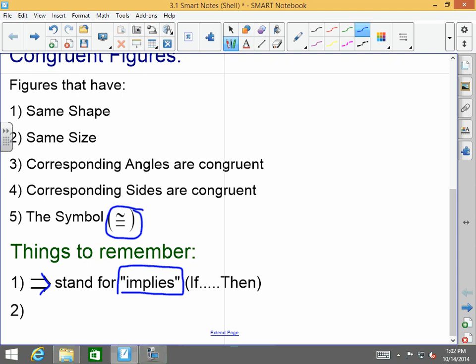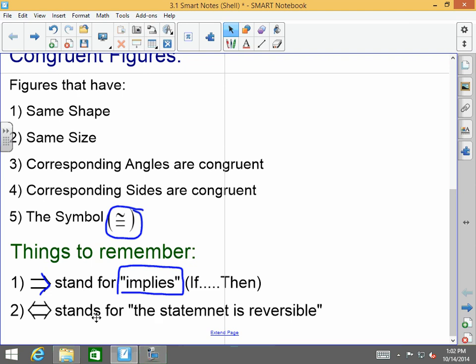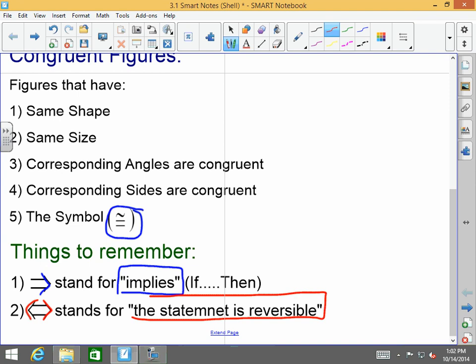Angles that are right angles are both congruent. So if I tell you that two angles are right angles, that implies that they are congruent. If I give you a double arrow with arrowheads on both sides, that stands for the statement is reversible. I misspelled statement, I apologize.